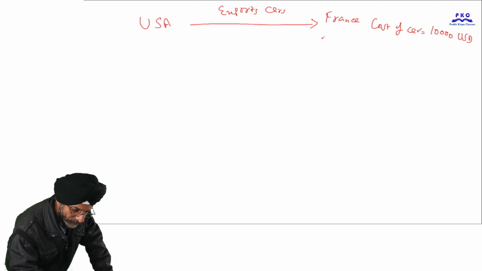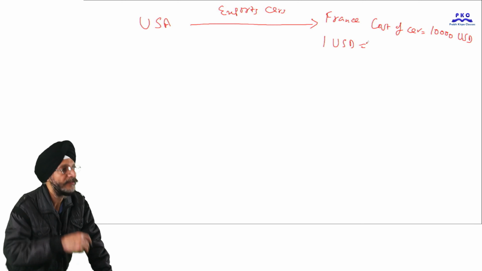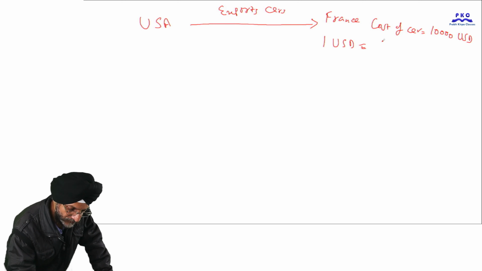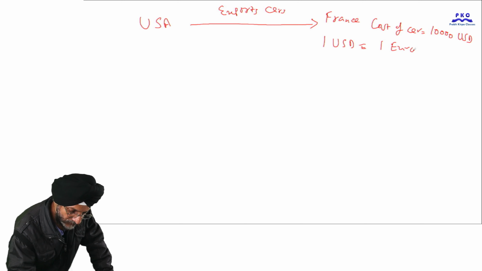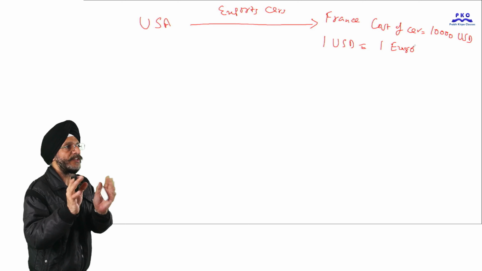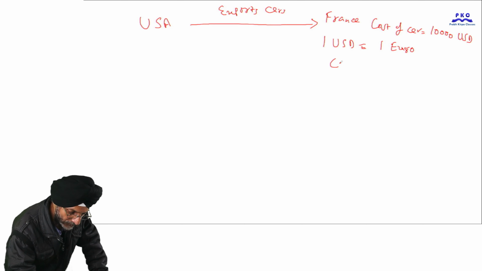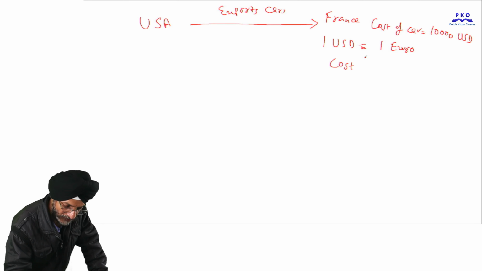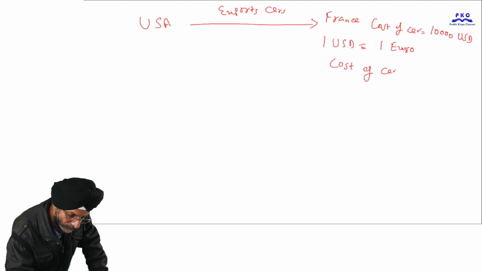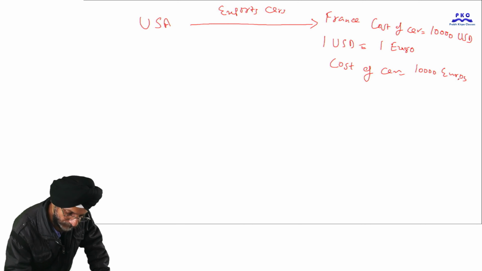We also assume that the exchange rate between one US dollar and the other currency, that is euro, is equal. That is, 1 US dollar is equal to 1 euro. So the cost of the car for the residents of France is 10,000 euros.